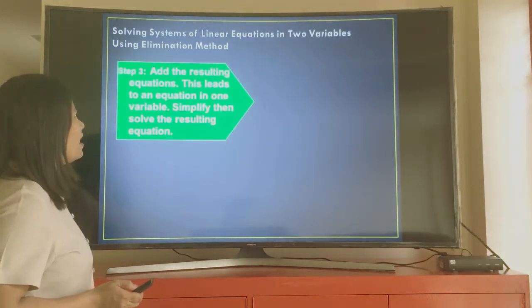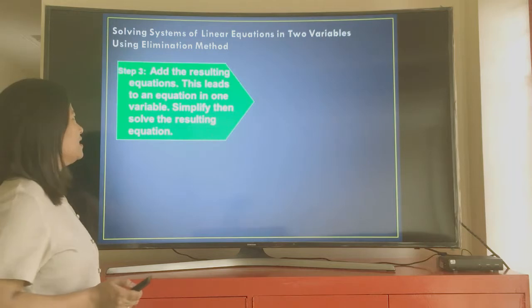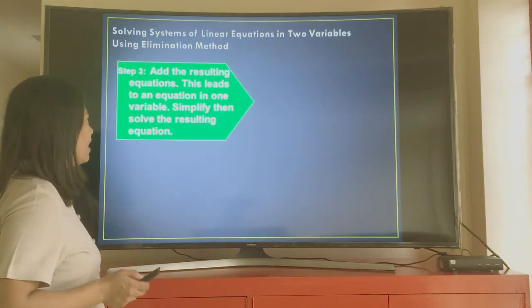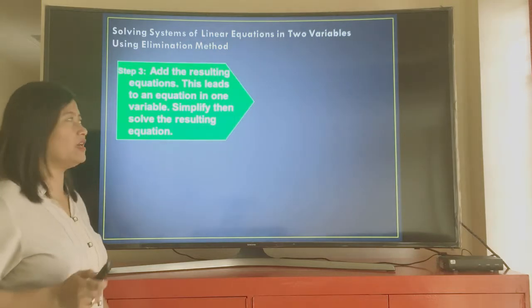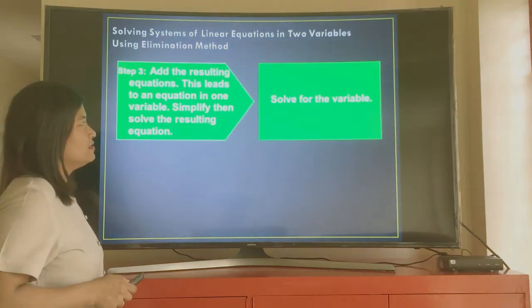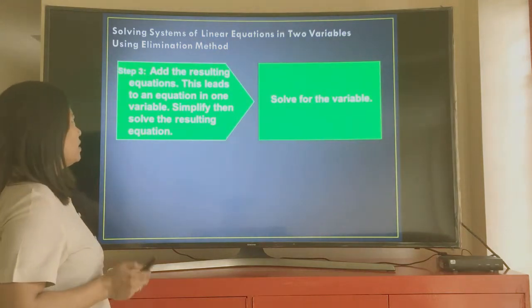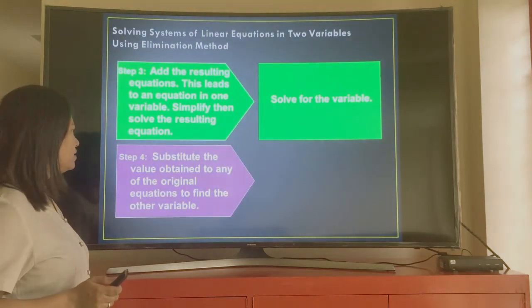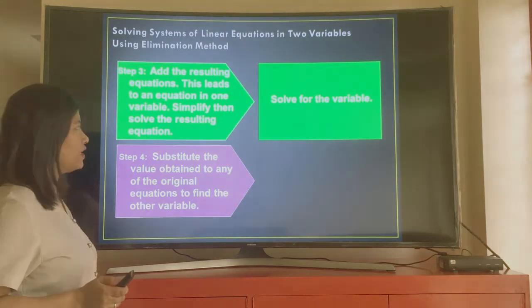Step 3. Add the resulting equations. This leads to an equation in one variable. Simplify, then solve the resulting equation. So solve for the variable. Step 4. Substitute the value obtained into any of the original equations to find the other variable.